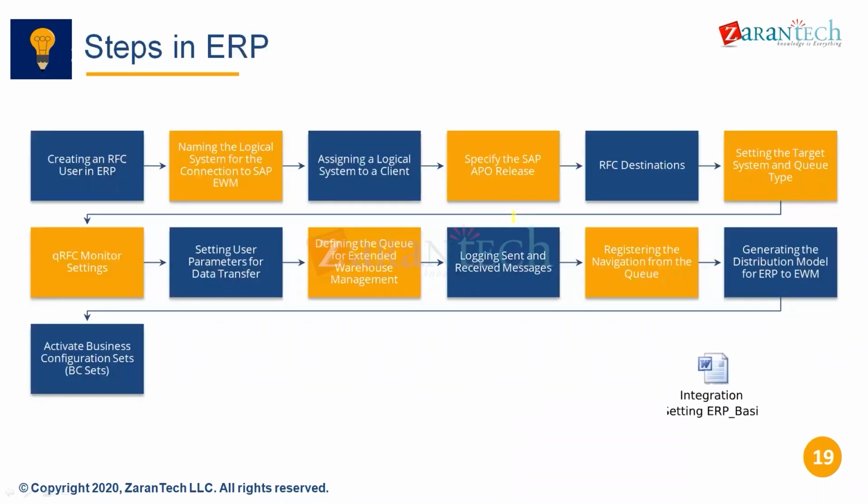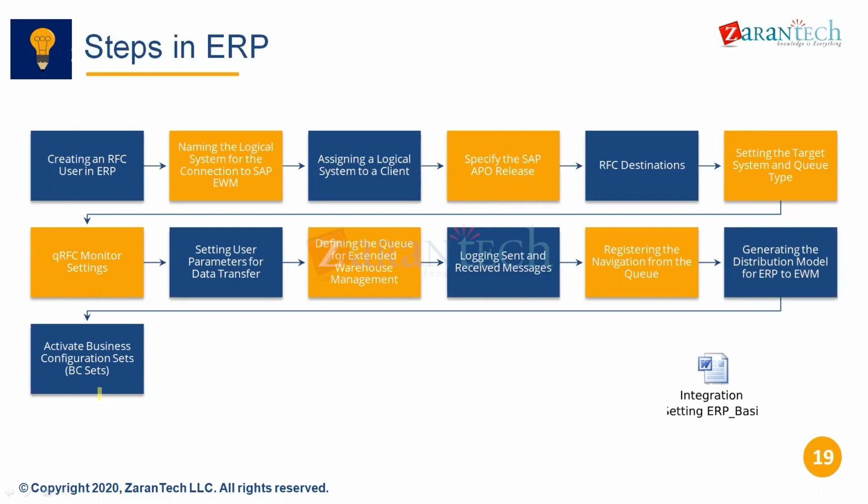I've taken a screenshot of all these settings, and we'll go through them one by one. There are also some BC sets recommended by SAP to activate as part of these basis settings. I don't want to label these as the settings to always follow, because things keep on changing. These are the settings which were there in 1909.